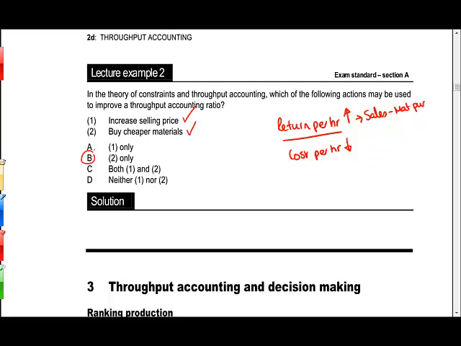So the correct answer here is going to be C, because both of these options would increase the throughput ratio. Other actions that would also improve the ratio would be to decrease labour costs or other factory costs, and also to decrease the amount of time that the product spent on the bottleneck resource.